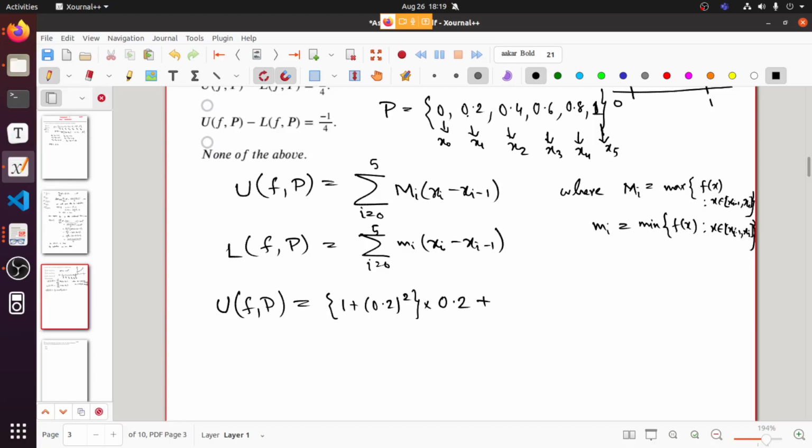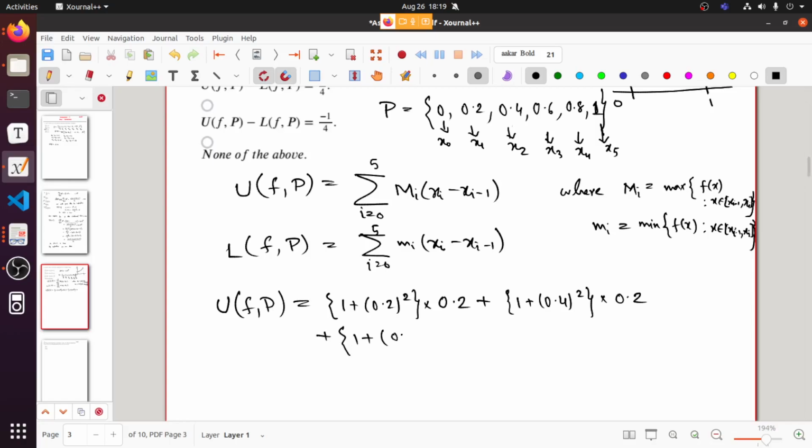In the next one, from 0.2 to 0.4, again because it is increasing, the maximum will be at the right side point of the subinterval, right? So it will be 1 plus 0.4 whole square. This is the Mi in this interval, means M2 basically, and the length of the interval is again 0.2. Okay, so just write it like this.